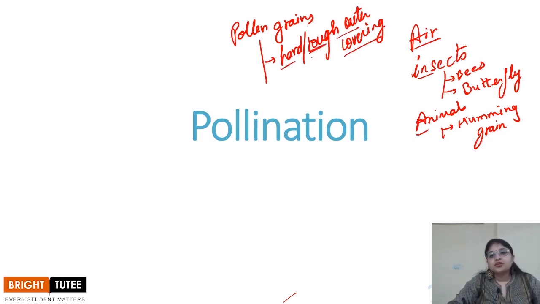Suppose if the temperature is really high, then pollen grains are protected by this outer covering. Because these are light, that's why they are easily carried by air and they can also get stuck on insects, right? So basically when we are talking about pollination, it is the transference of the pollen grains to the stigma of your flower, that is the female part of the flower, right?